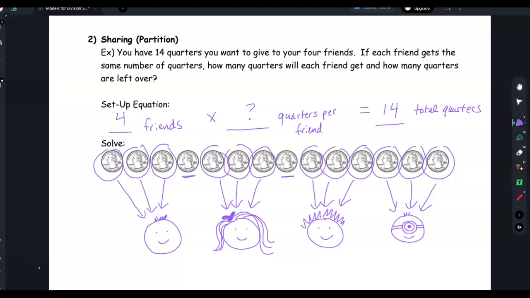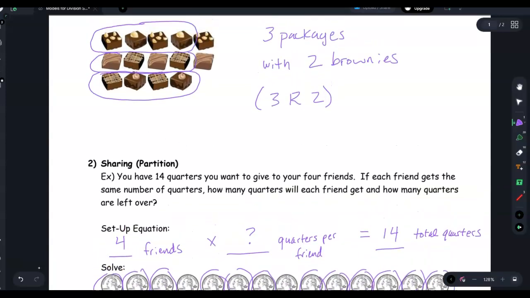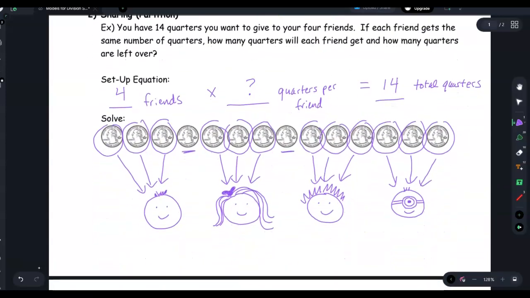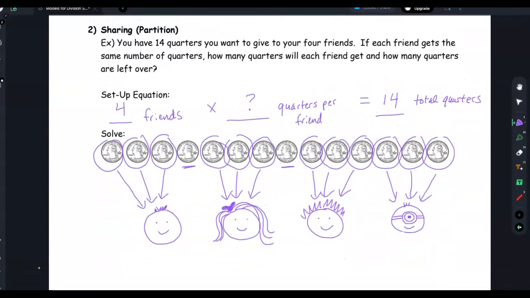So here I could say that I'm solving this equation, 4 times what equals 14. The way I would solve that is to do 14 divided by 4. So it's the same equivalent division equation as we saw up here. So my answer is the same. It's 3 remainder 2. However, this time, since this is a story problem, what would my units be?